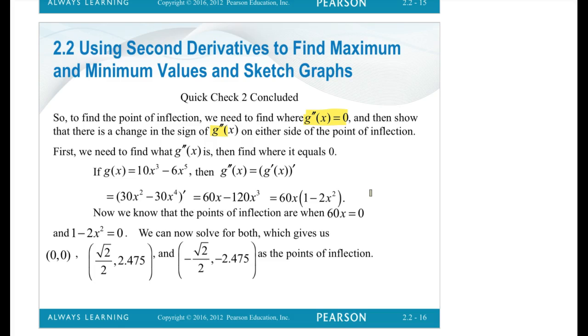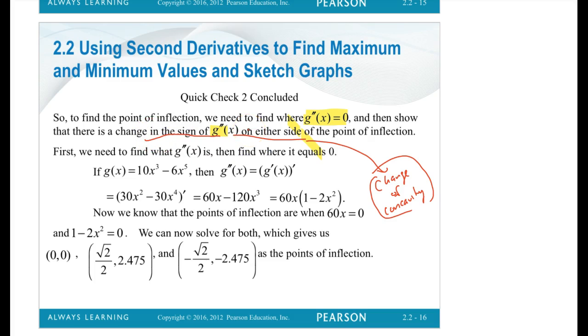So this language right here, a change in the sign of g double prime, is really a change of concavity, which means if you have a change in concavity, you have a point of inflection. That's the idea we're talking about here.